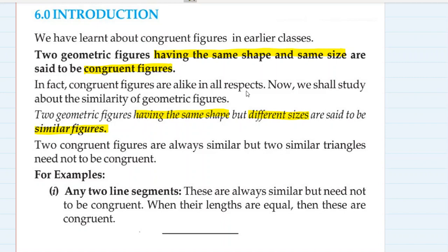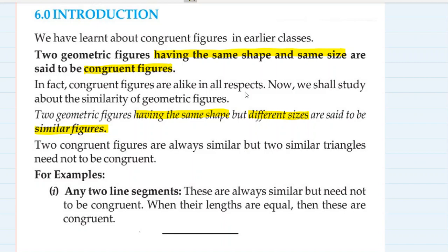Their shape and size are all equal, but similar figures are not alike in all aspects. Similar figures have the same shape, but they have different sizes. Two congruent figures are always similar, but two similar figures need not be congruent.